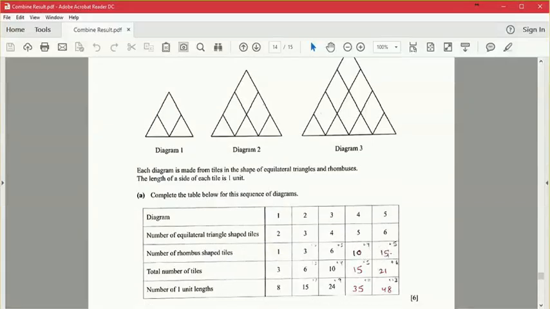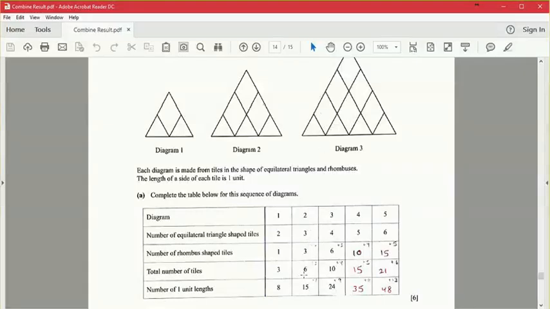So we got here the 2 numbers. Then for the total number of tiles, how do we get it? You can see here there are 3 tiles, 1, 2, 3. And here it is 1, 2, 3, 4, 5, 6. And in this one they are 10.